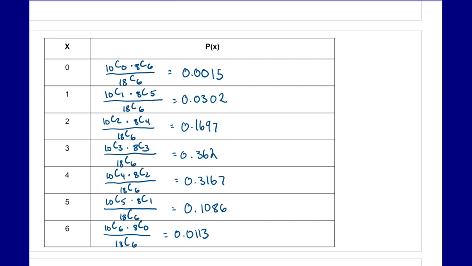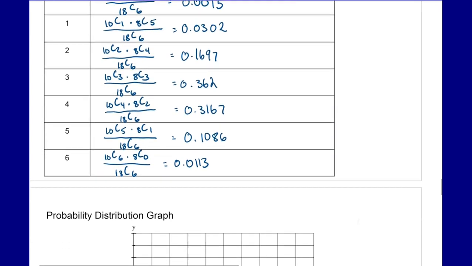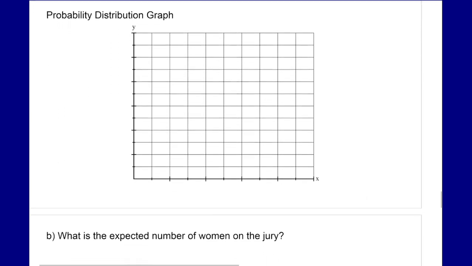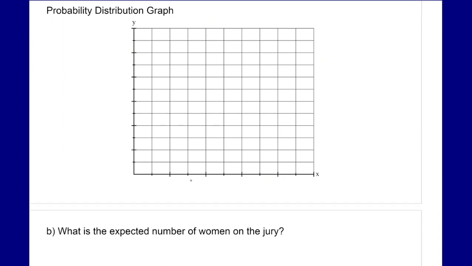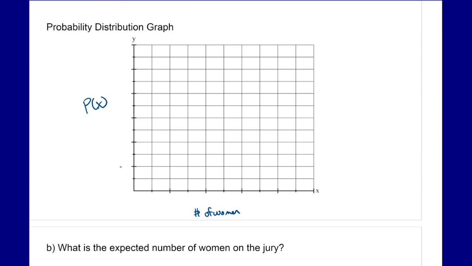If we wanted to, again, we can then go through and create a probability distribution graph, right? Looking at the outcome on the bottom on the x-axis, the number of women that we could select, and then the probability is always on the y. So 0.1 or 10%, 0.2 or 20%, 0.3, 30%, 0.4, 40%, 0.5 or 50%.